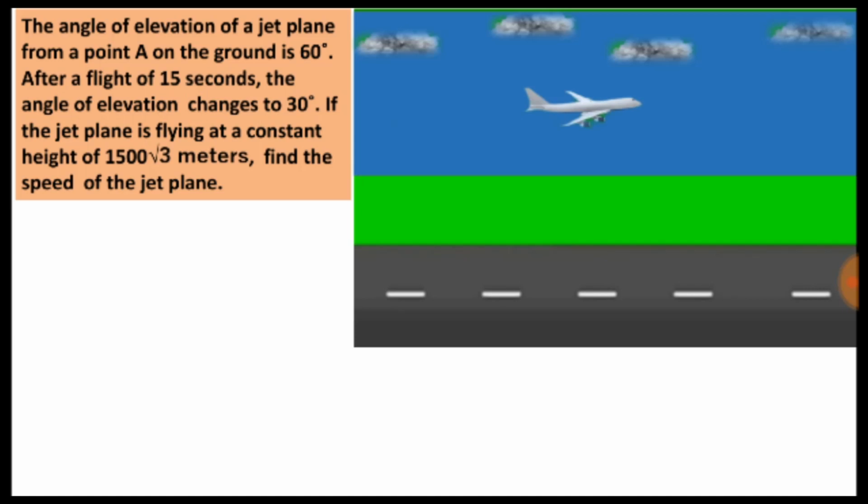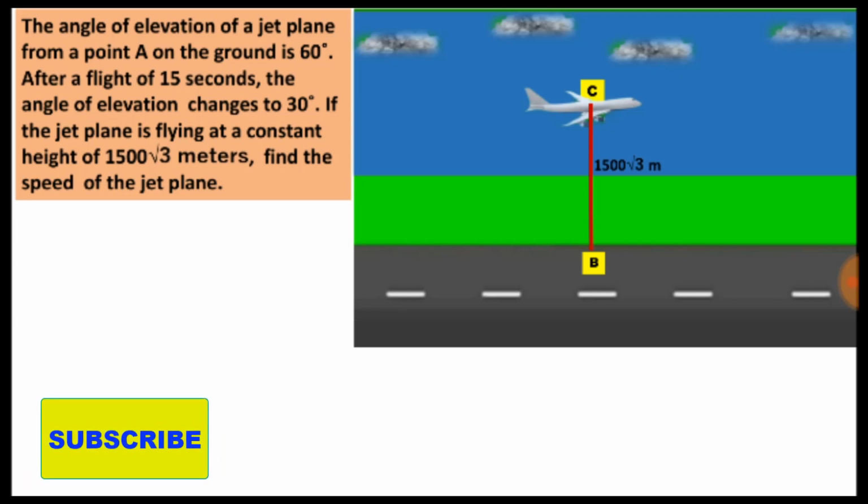Suppose a flight is flying above the ground at the height of 1500 root 3 meters. Let us assume the initial position of the flight when the observer is observing as C, and the height of the plane from the ground is 1500 root 3 meters.